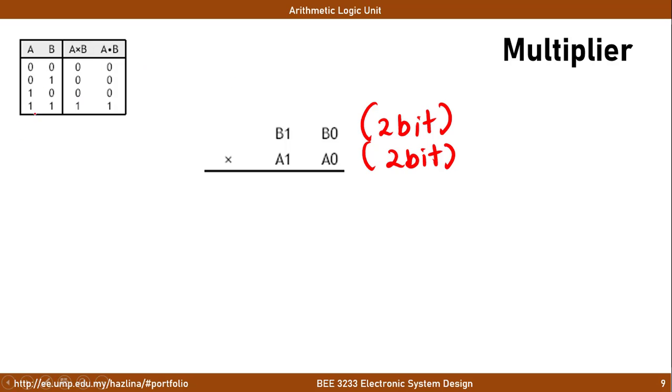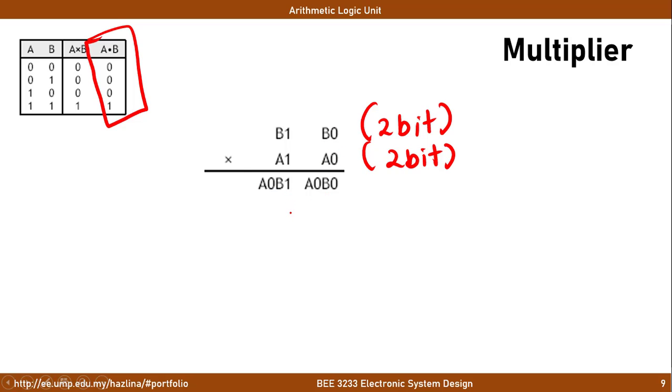For multiplication, 0 multiplied by 0 is equivalent to 0. 0 multiplied by 1 is 0. 1 multiplied by 0 is 0. And 1 multiplied by 1 is 1. Now, looking at this profile, this is similar to the AND properties. So, by having this concept, we can further expand this 2-bit multiplication.